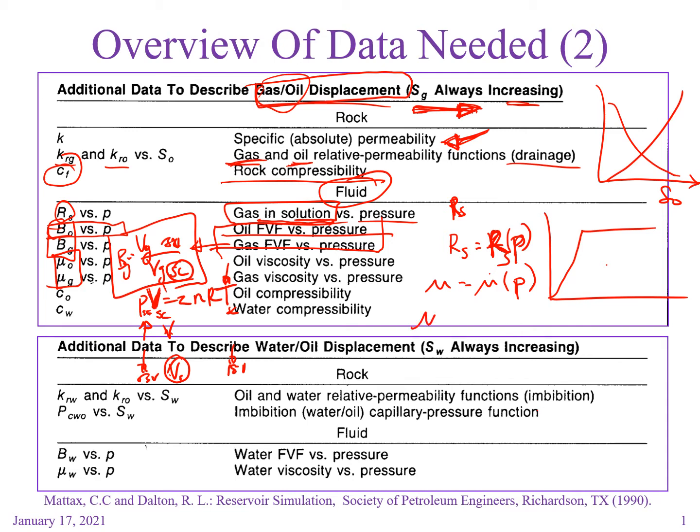For instance, this is a common correlation for viscosities. It's a viscosity at a reference condition. I can put it as mu r times exponent of some c as a function of C multiplied by P minus P at a reference. So this pressure in the reservoir. Let's use 0 as a reference.